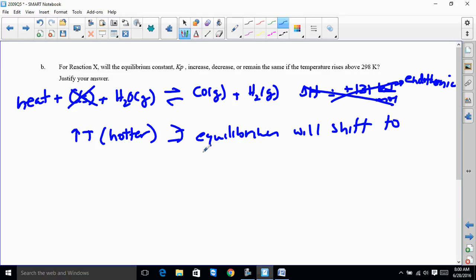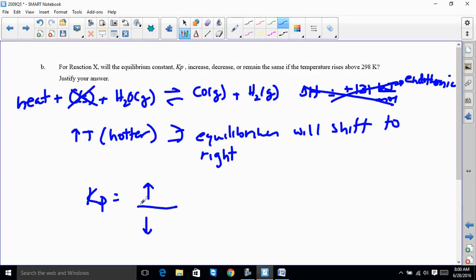to the right. And when the equilibrium shifts to the right, remember, Kp is the stuff on the right. You could see that on the previous slide. So when it shifts to the right, you end up with more stuff on the right, so more gas pressure on the right and less gas pressure on the left.